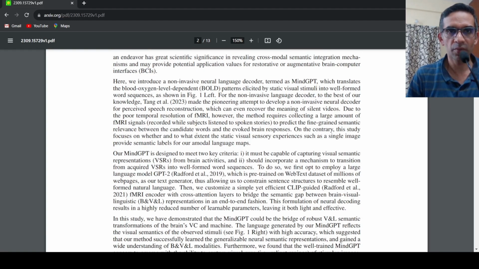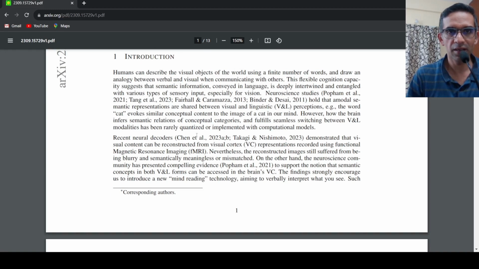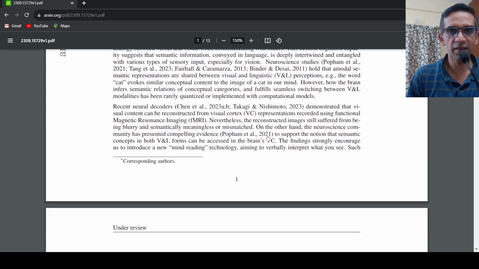Okay, so your brain has a region called the visual cortex, right? Which processes whatever visual signals you are seeing, right? So that is what is explained over here, right? So the idea is that neuroscience says that your visual and language forms can be accessed in the brain's visual cortex.